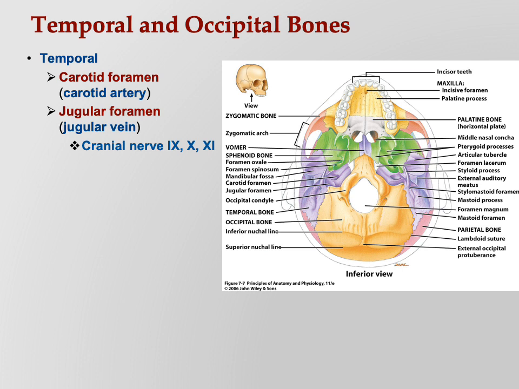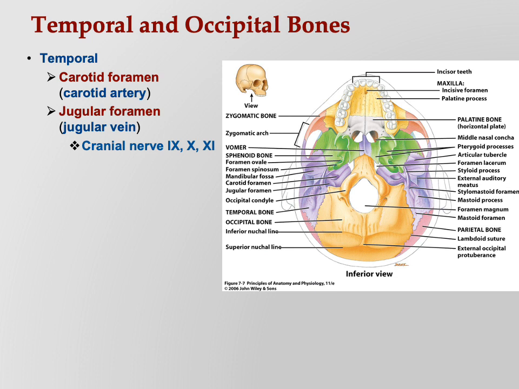So look here, you can see, if you look carefully on that diagram where it says carotid foramen and jugular foramen. One thing to keep in mind is the carotid foramen is more anterior and the jugular foramen is more posterior. So that's how to keep them separate. Blood goes into your brain through the carotid foramen, carried by the carotid artery.